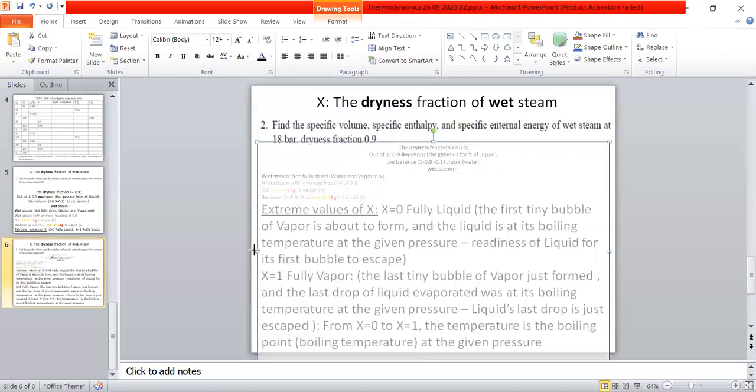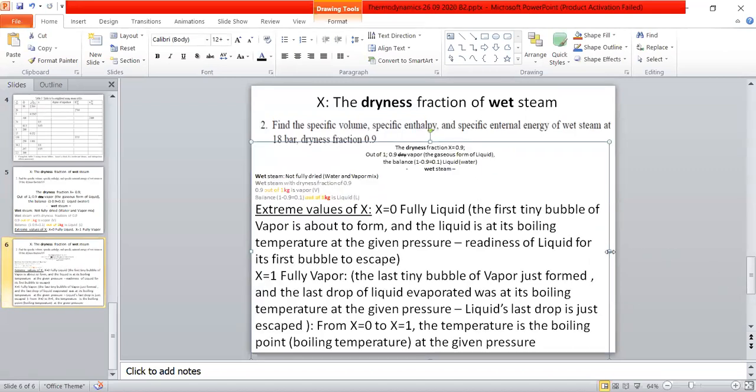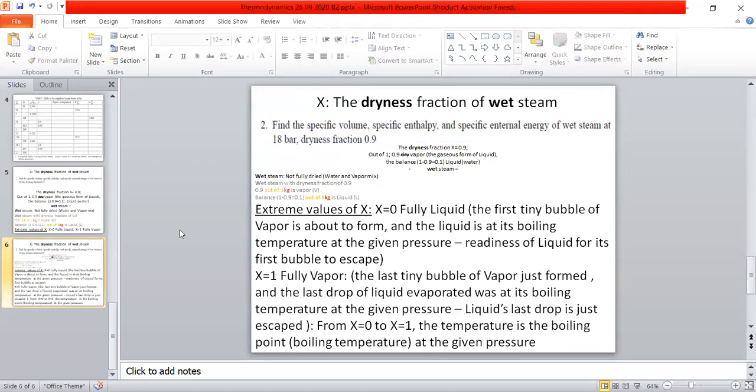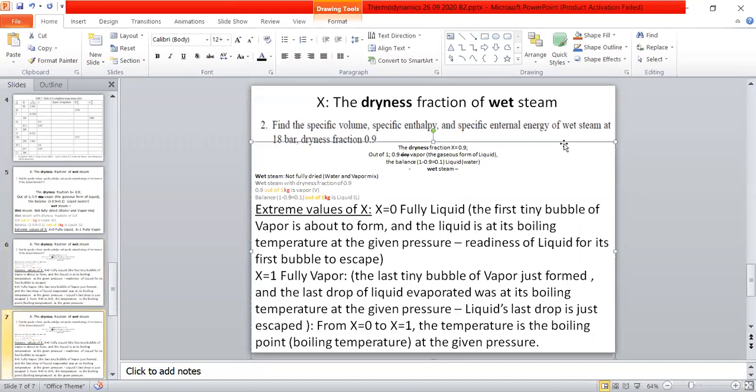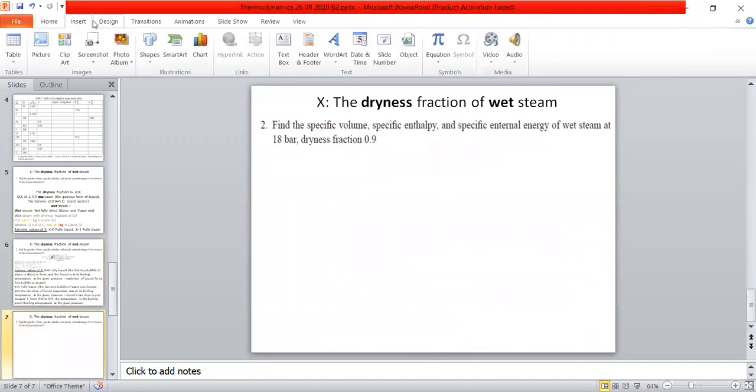I hope you can understand this explanation fully if you listened to what I have explained. So this is a very good explanation about dryness. Let me move forward further to give some helping hand on dryness fraction.